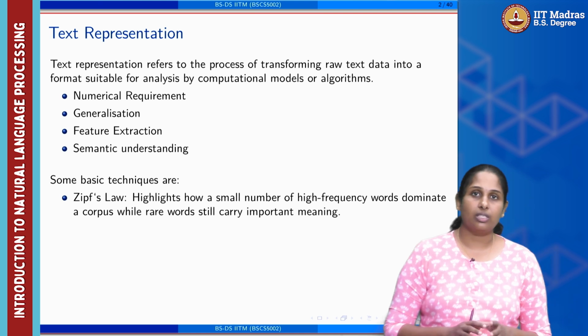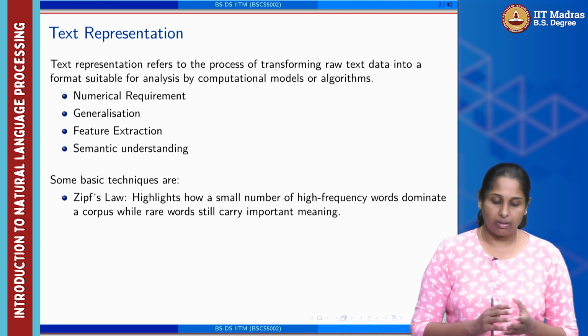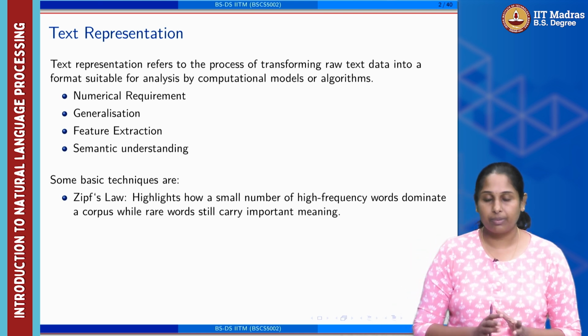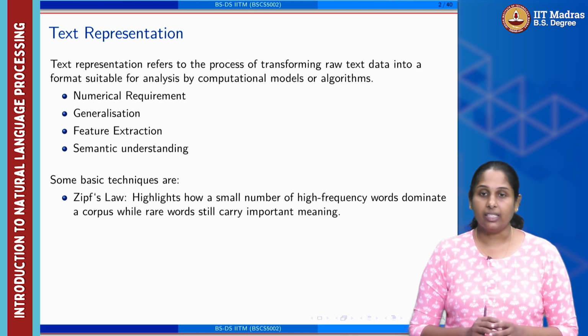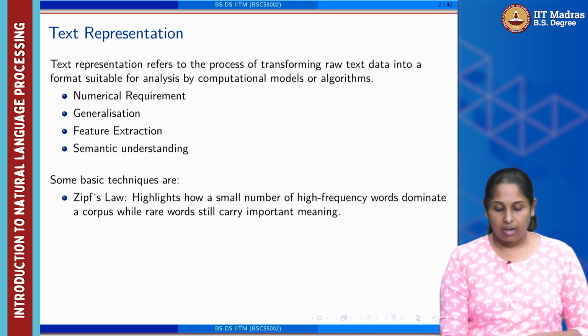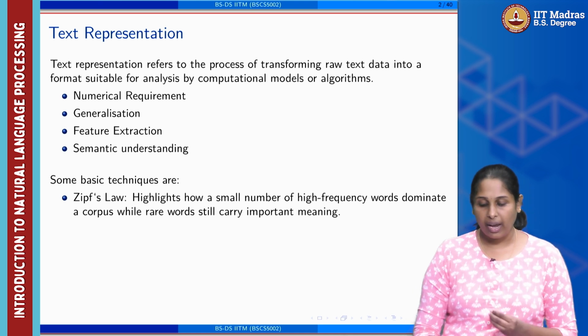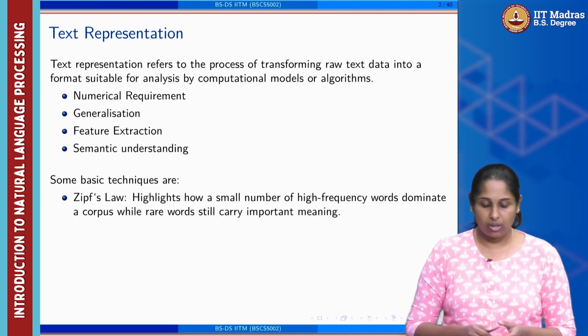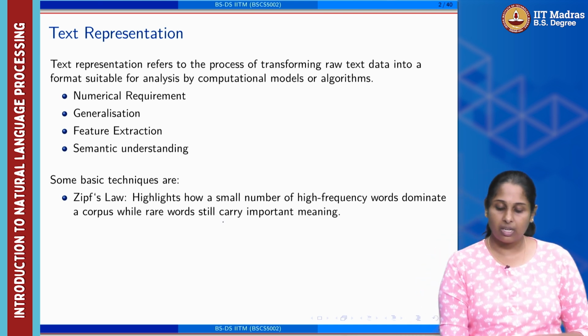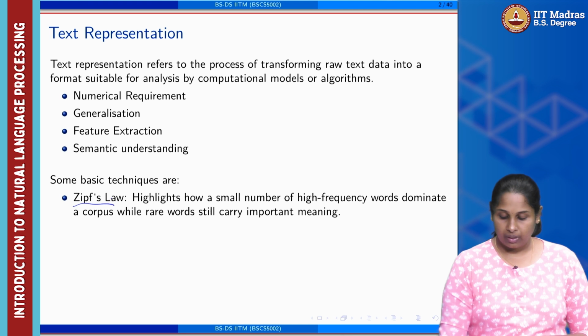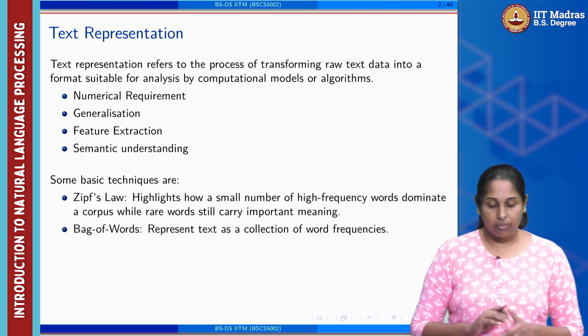Let's talk about text representation through some of the techniques. One is Zipf's law. Zipf's law highlights how a small number of high frequency words dominate the whole corpus, while rare words still carry important meaning. The second one is the bag of words technique.